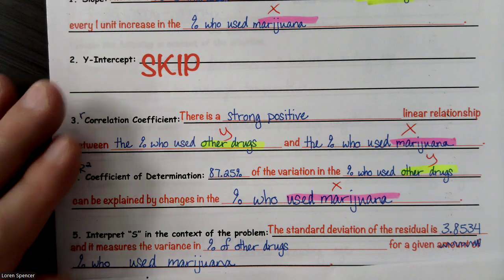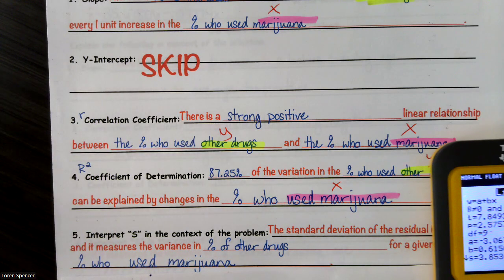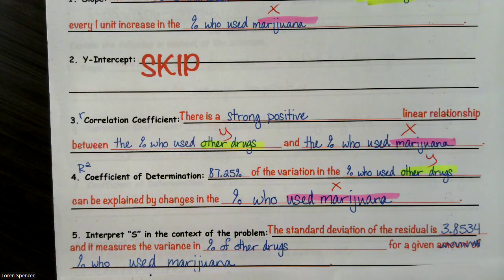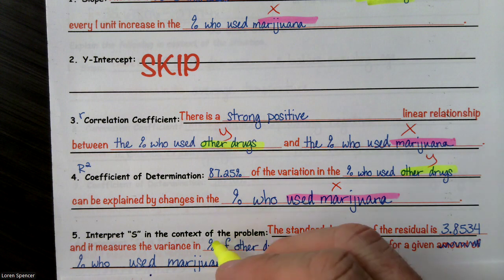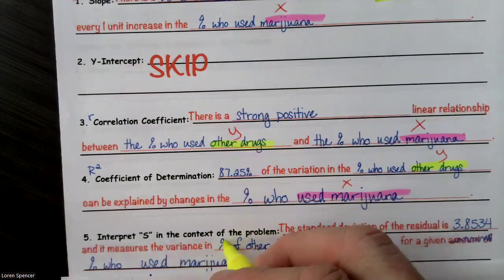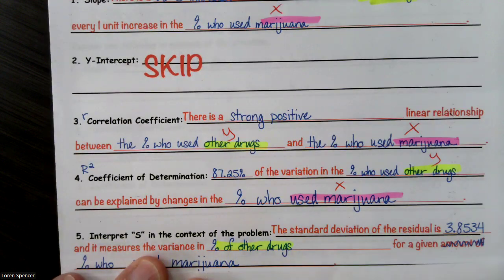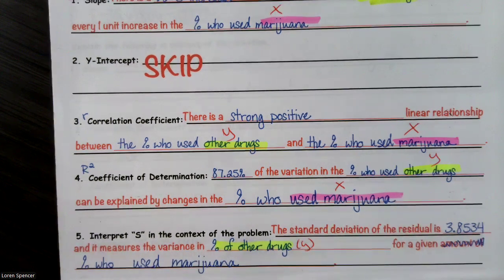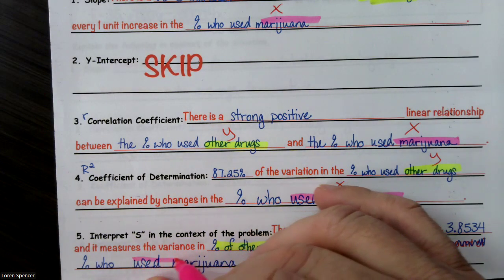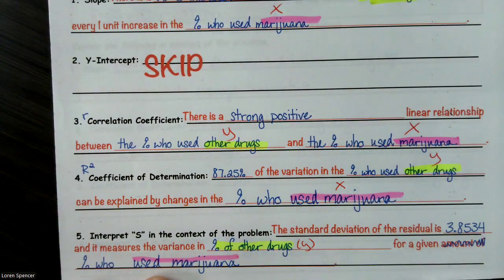The standard deviation of the residuals, and we just gave that to you, measures the variance of other drugs, which once again happens to be our Y, for a given amount or percentage who used marijuana, which happens to be our X.